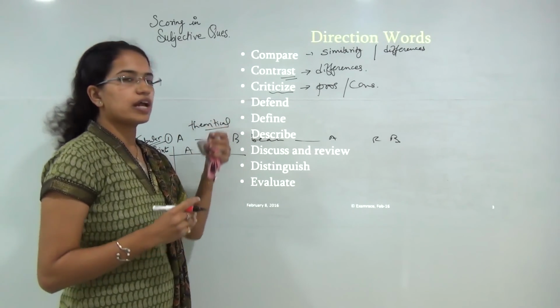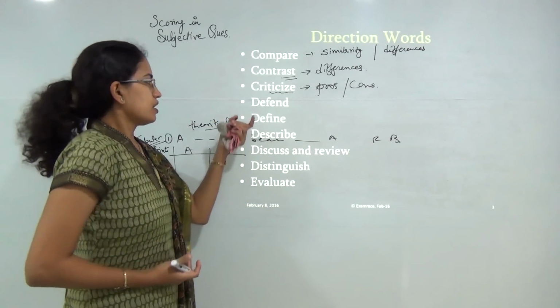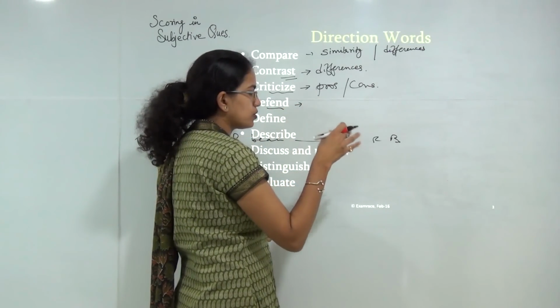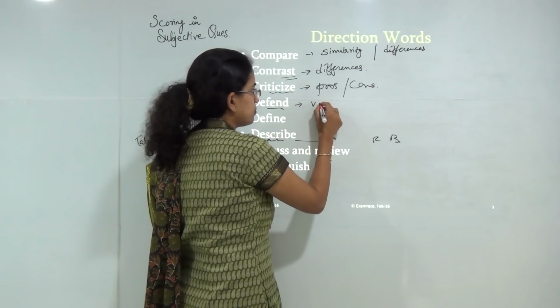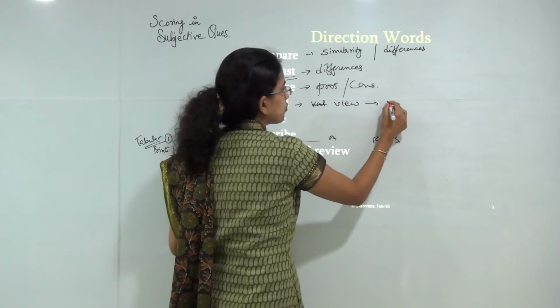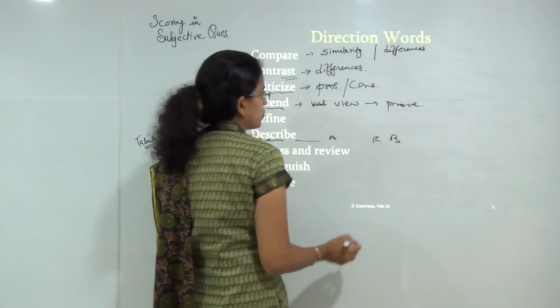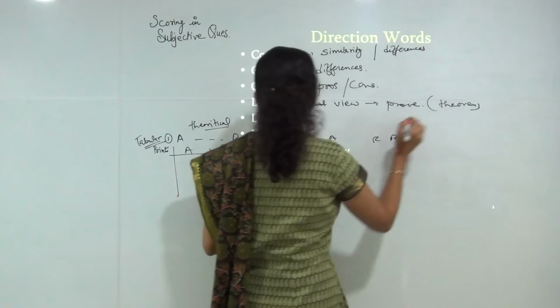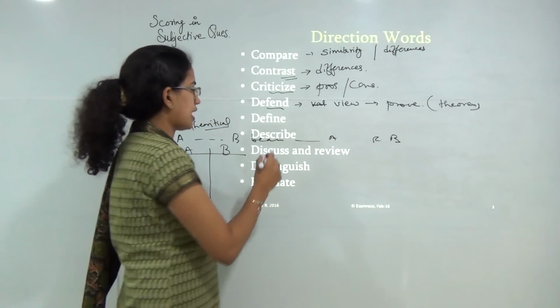When you are asked to defend something, you put your viewpoint and try to prove that viewpoint, like a theorem in maths. So, you are trying to defend yourself in that view.